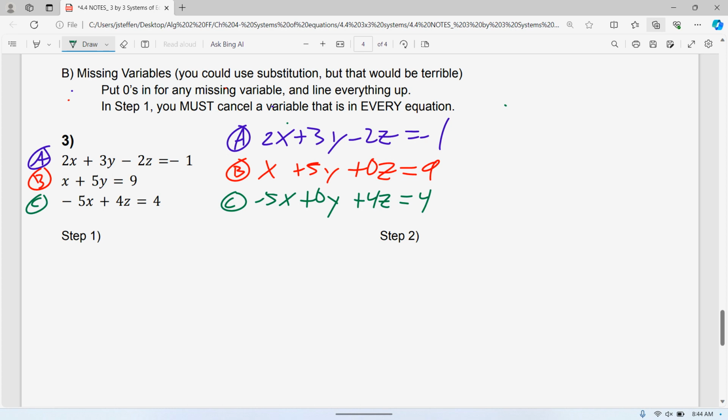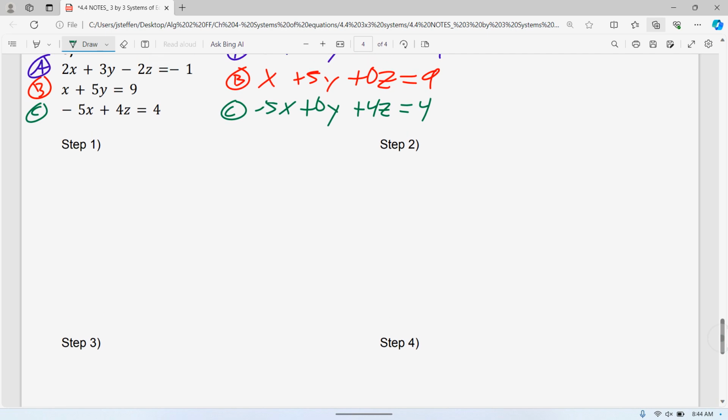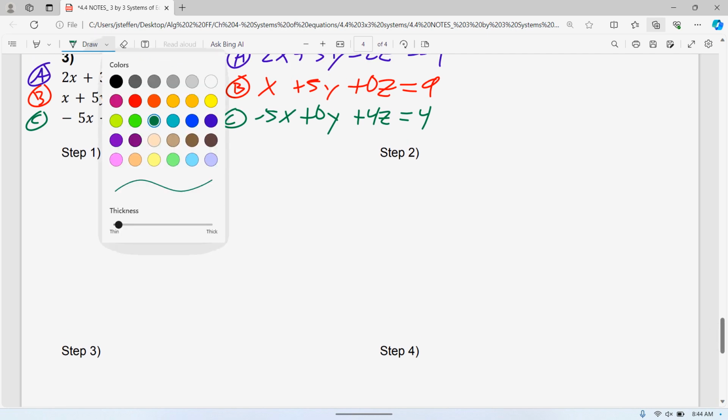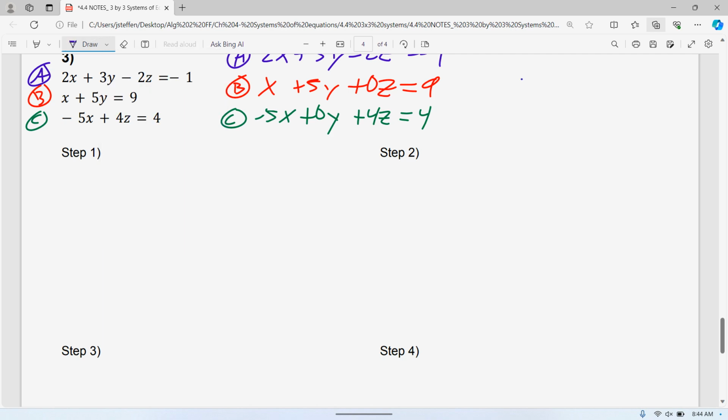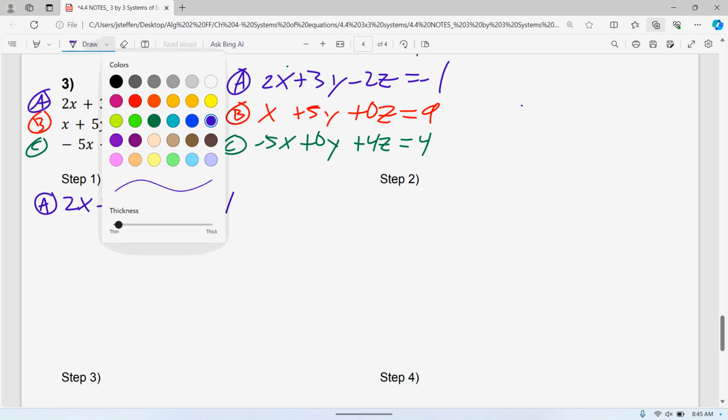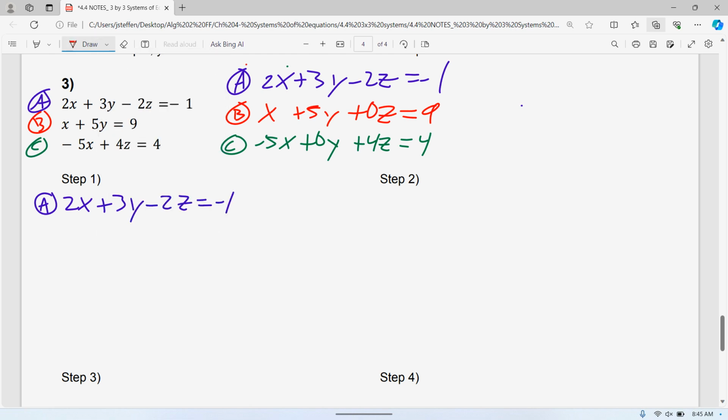So the first part, not too much different. I'm going to use A and B to cancel my x's. So on A, I'm not going to change it at all: 2x plus 3y minus 2z is equal to negative 1. My B equation, I need to multiply by negative 2.